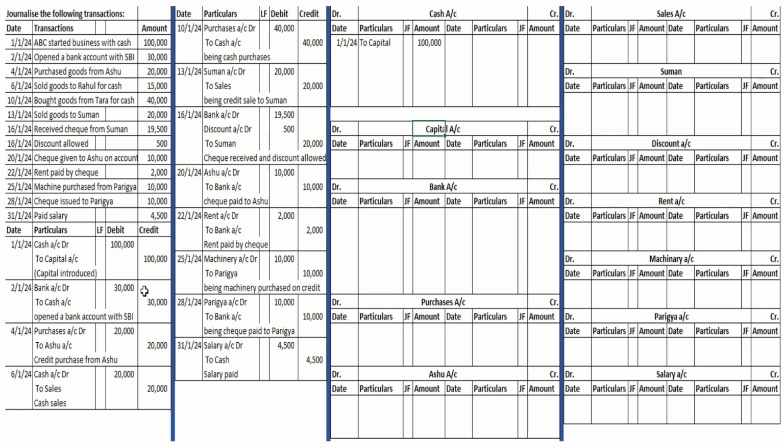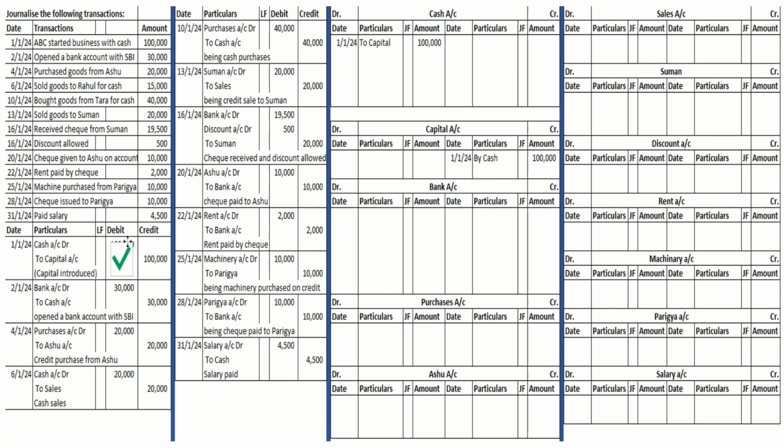For the same entry we credited it, so it should be recorded in the credit side of the capital account by prefixing the word by, by cash account. Whenever we record in the credit side of an account, it should start with by. Amount is 1 lakh. So this is the way an entry is passed in a ledger account. This is the first entry we recorded.